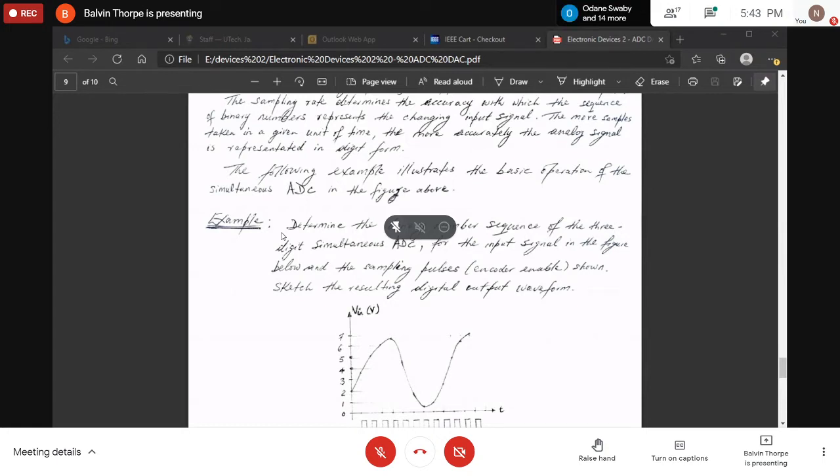All right. Let's go through the easier method. That method basically was showing you how to use comparators to convert an analog signal to a digital signal. If you guys recall what a comparator does, it has two inputs, and you apply the input signal to the non-inverting input, and put a reference signal on the inverting input.